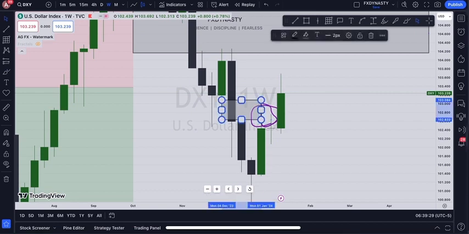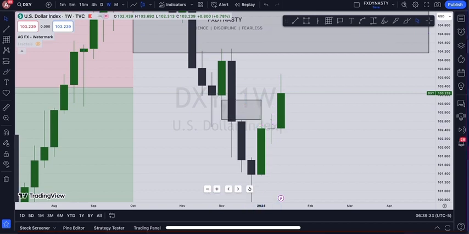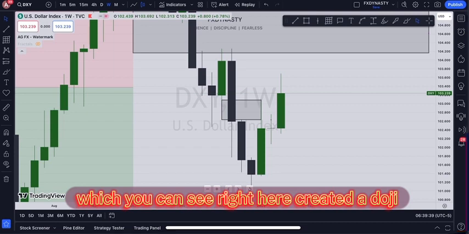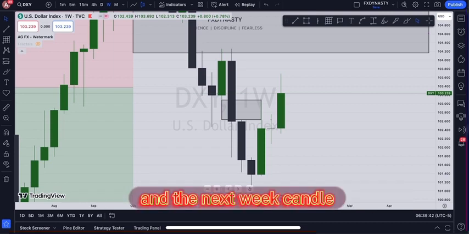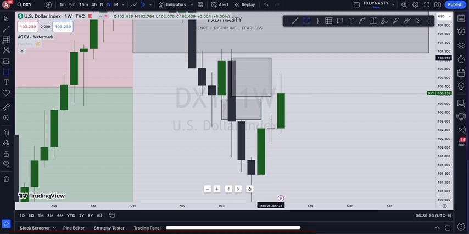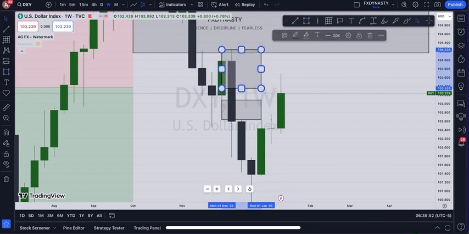price then created a doji, which you can see right here, and the next week candle trades up into this other block.